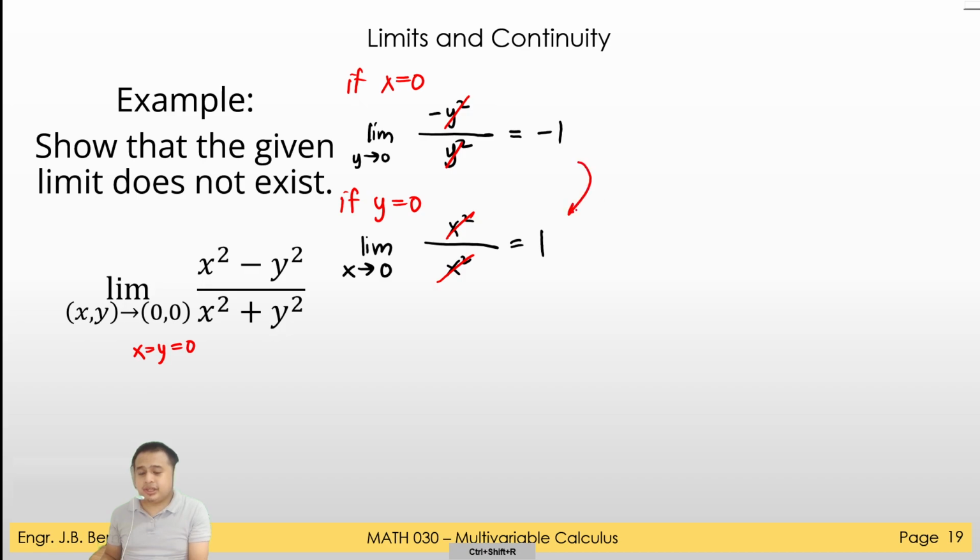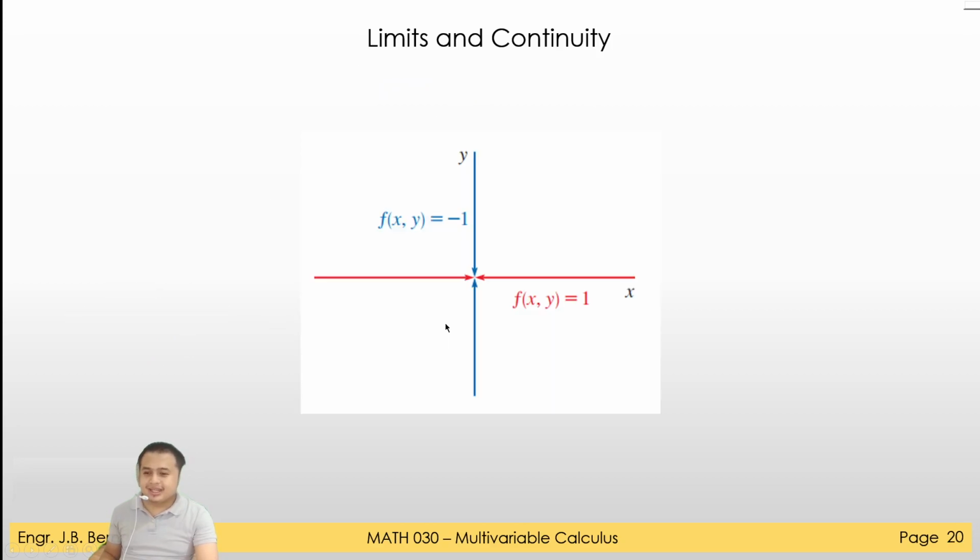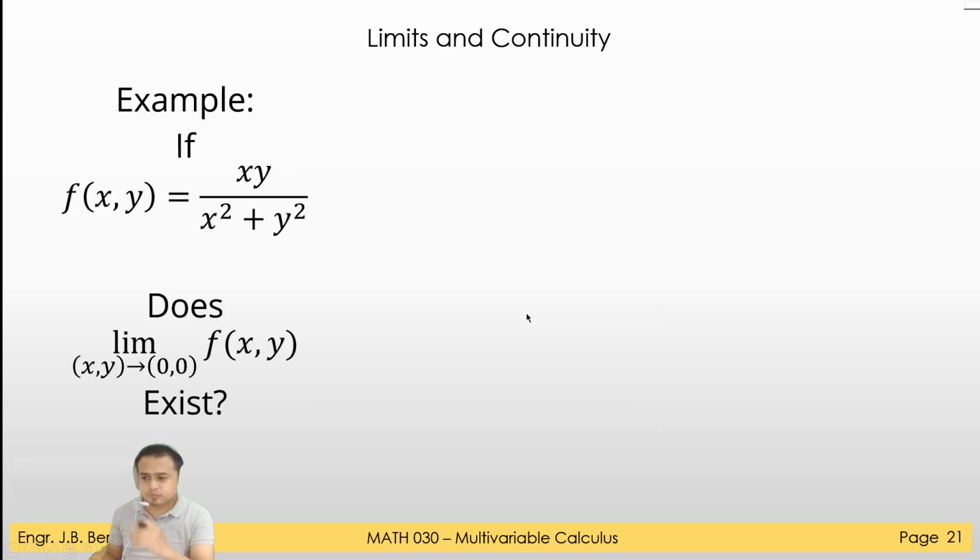And now, as you can see, if they do not agree, then at this point we can already say that the limit does not exist. It's that simple. Okay? So as it approaches 0 with x equal to 0, this will be -1 and this will be +1. If they do not agree, the limit does not exist.